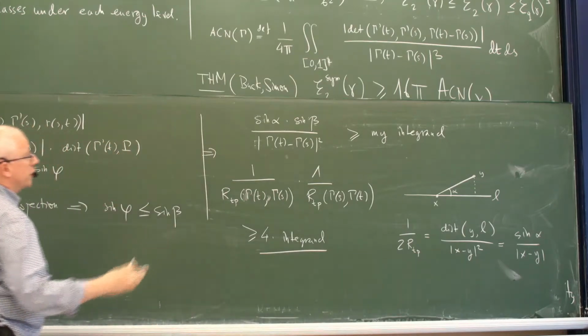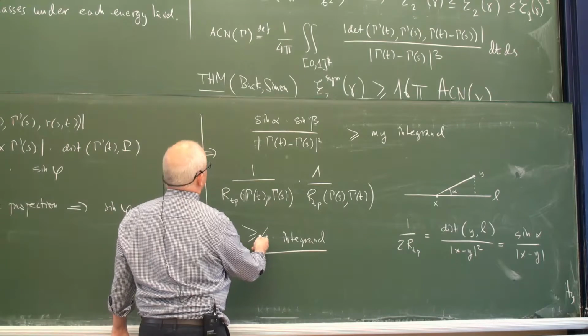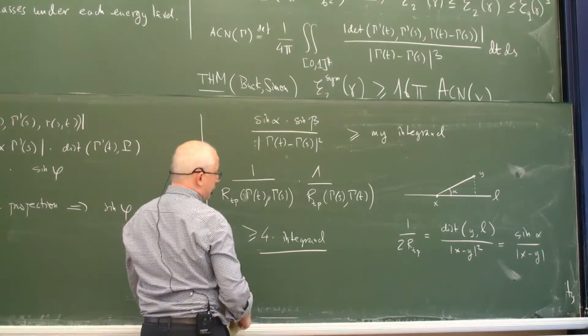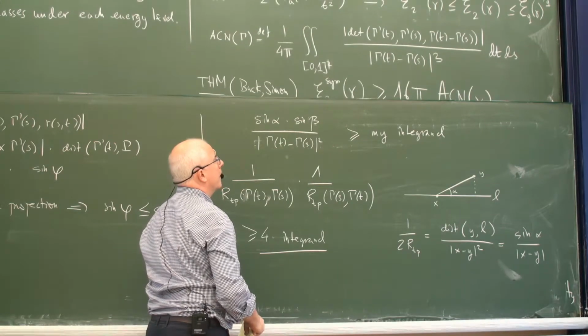And now you integrate, and this 4 times the 4 pi gives you the 16 pi from the theorem.